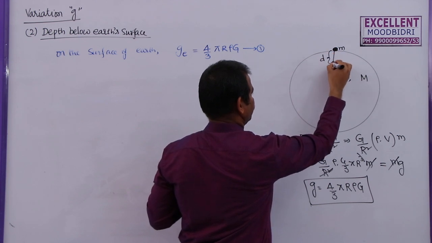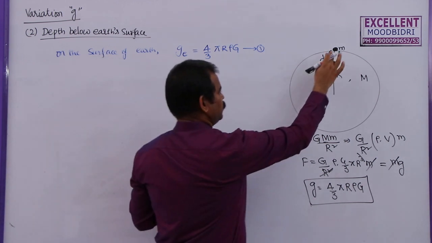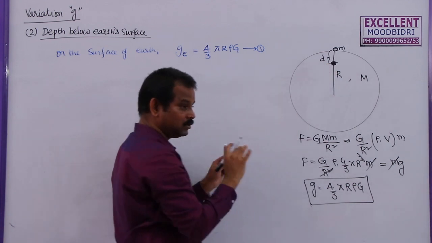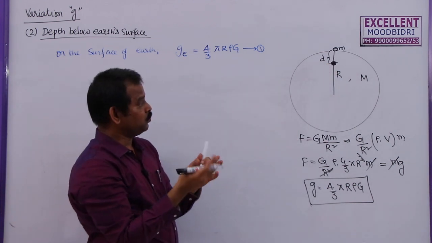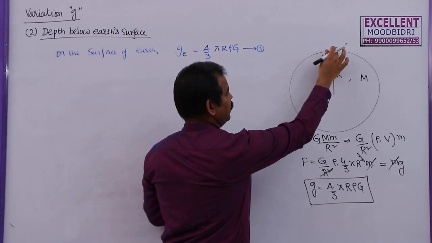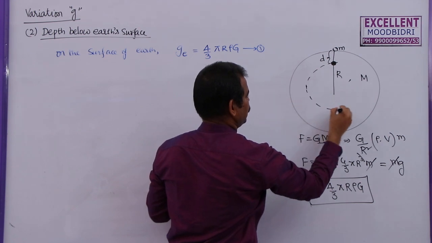Now if you bring this small body of mass m to a depth d below the surface of earth, this is the new position of the body. If you bring this body from here to here, it is not on the surface of earth now, it is on a small sphere of radius small r. When the body was placed on the surface, the radius of earth was capital R, now it is on a sphere of radius small r.